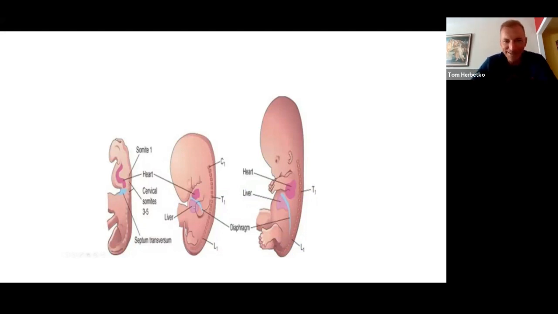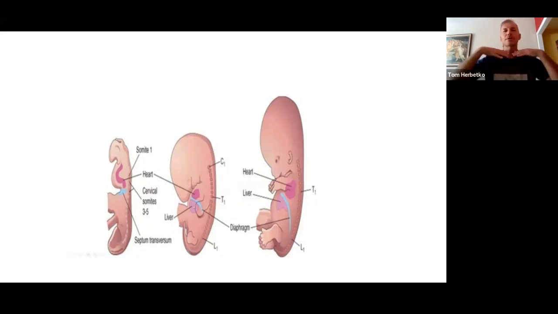So what's interesting here is the diaphragm. Why is it related with the phrenic nerve, which comes out of C3, C4, C5 in the neck? When I explain to patients that their neck pain is influenced by the movement of the diaphragm, they don't understand.